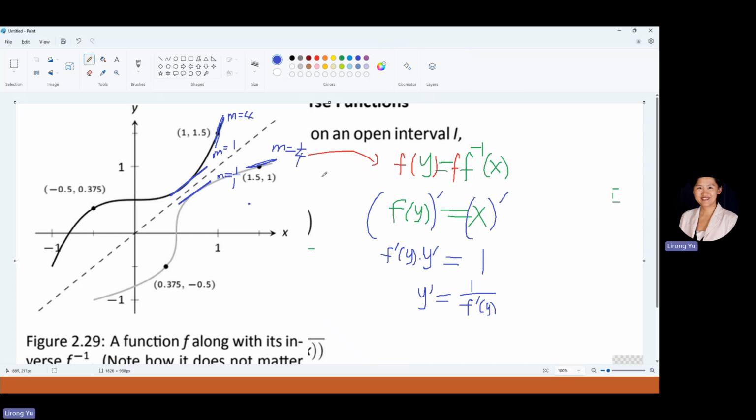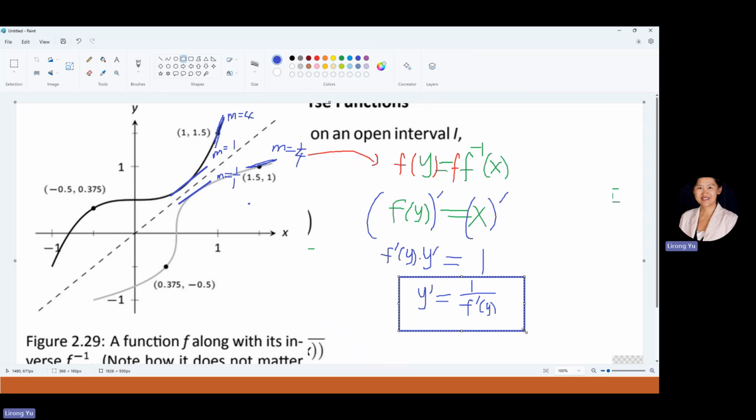Trying to make sense of that relation, it says that the derivative of the inverse, like y equal to the inverse, is actually 1 over the derivative of the original function. Okay, any question?